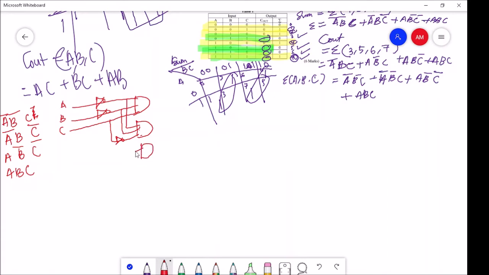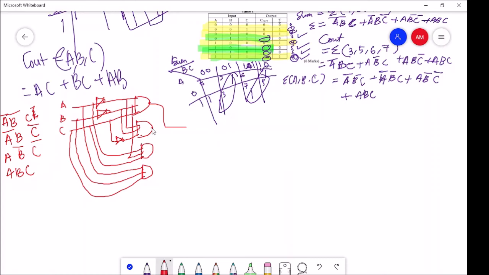The next expression is A, B naught and C naught, C. And let's see, the next expression is A, B, and C. And let's say combine them with an OR gate so that we get the sum output.